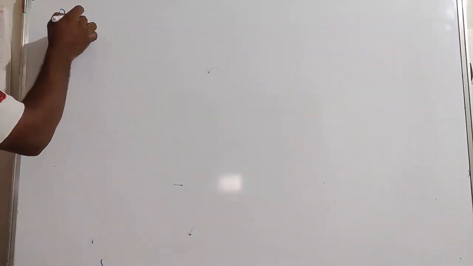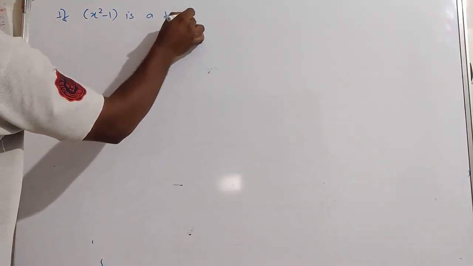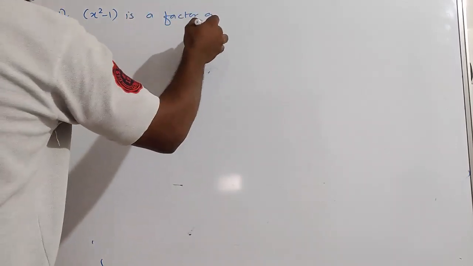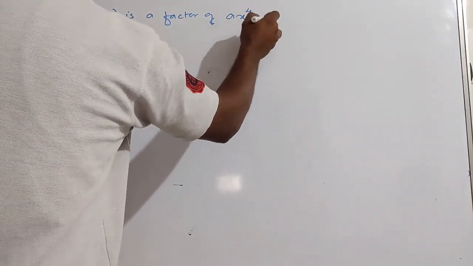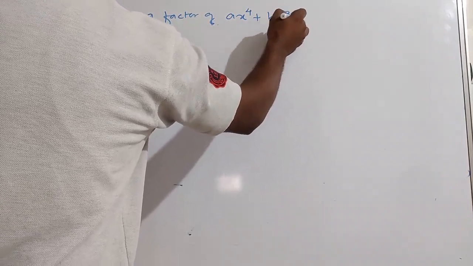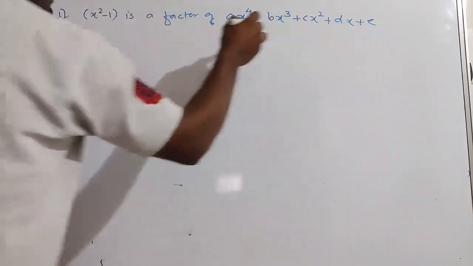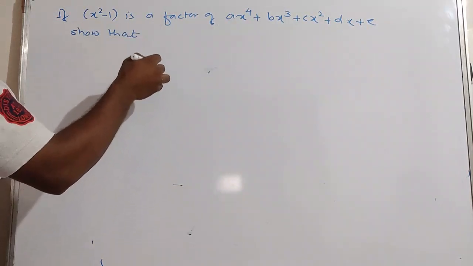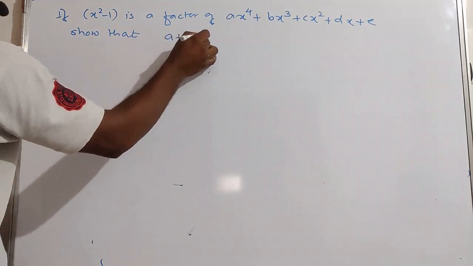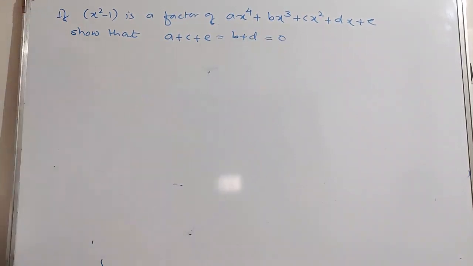Once again, if x square minus 1 is a factor of ax raised to 4 plus bx cube plus cx square plus dx plus e, show that a plus c plus e is equal to b plus d is equal to 0.